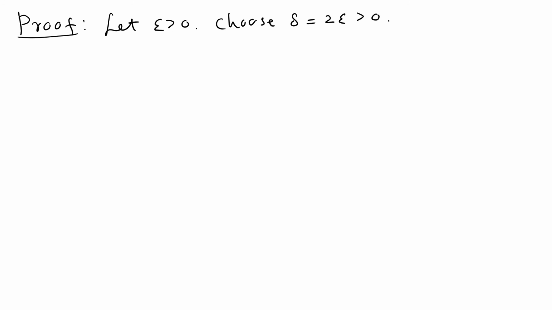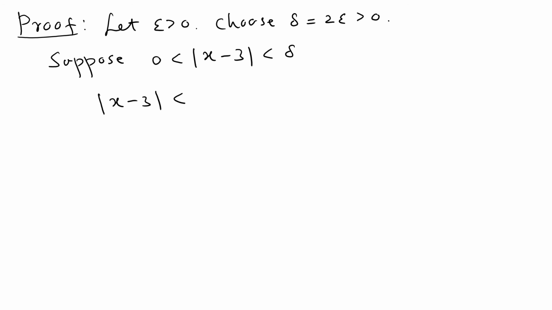So now we can say suppose 0 less than the absolute value of x minus 3 less than delta. So then what happened? If you pick any such value, this guarantees that the absolute value of x minus 3 is less than, we know that delta is 2 epsilon, so we can replace it by 2 epsilon, which is delta.